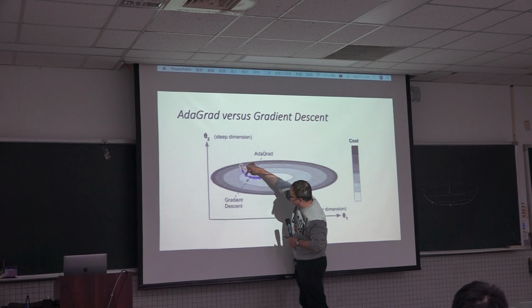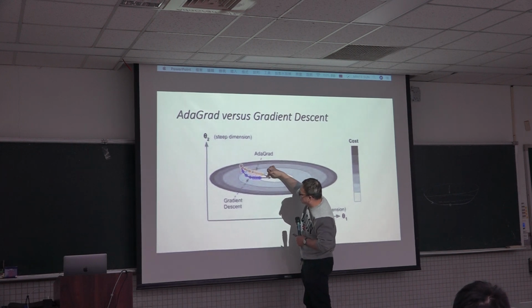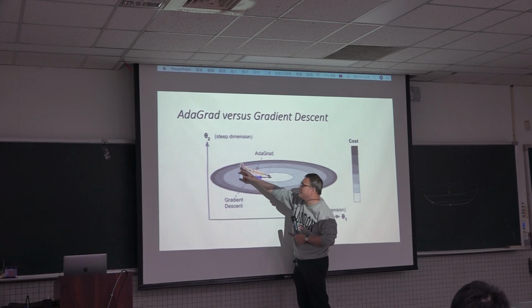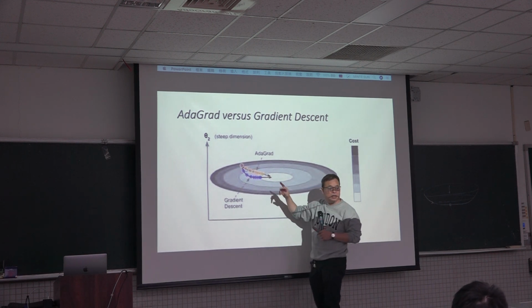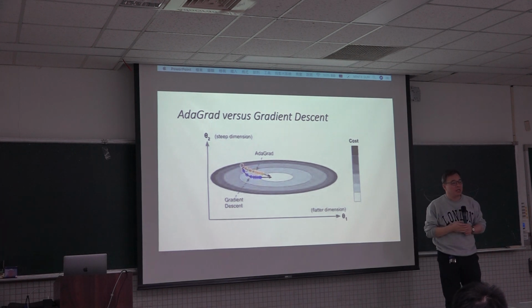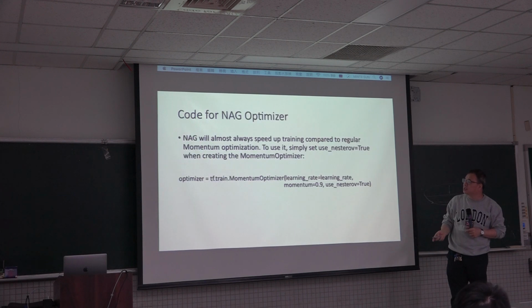You still see the curve, but that curve is not as twisted as what gradient descent is going to cause, because it has a faster speed. So that's what I'm talking about here.